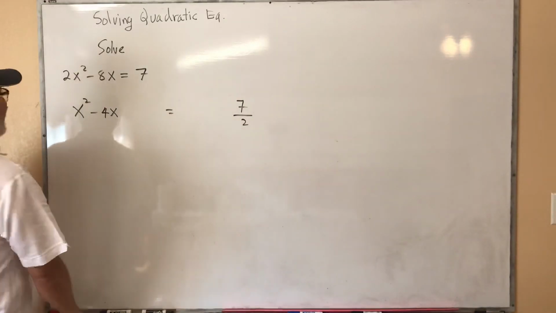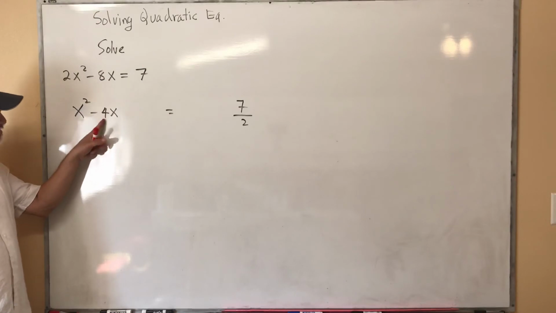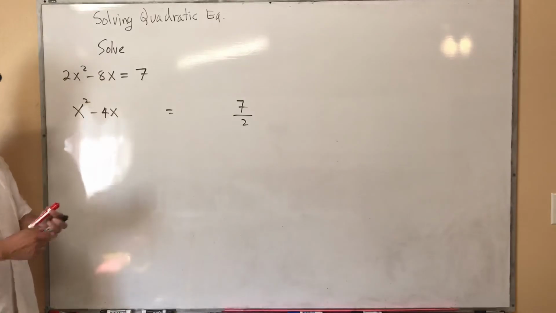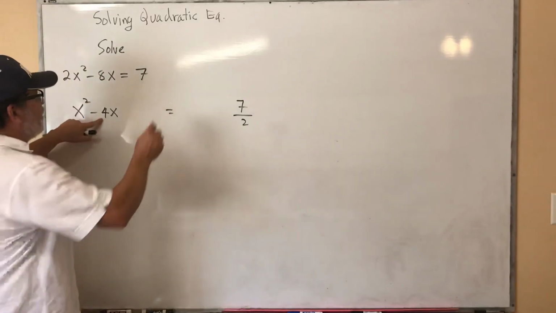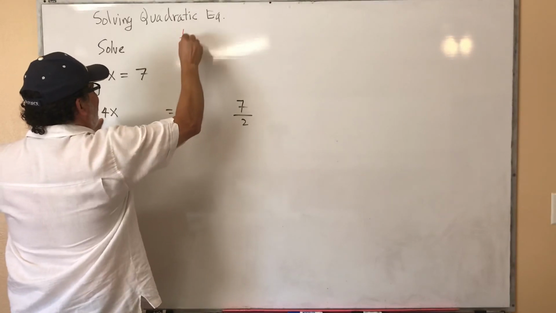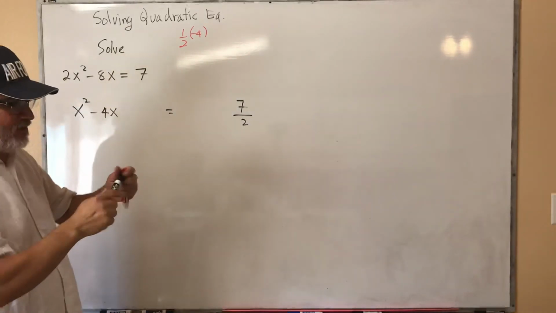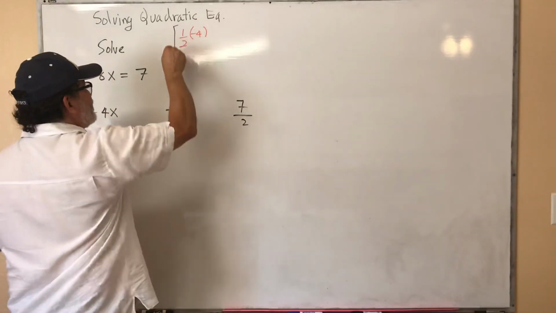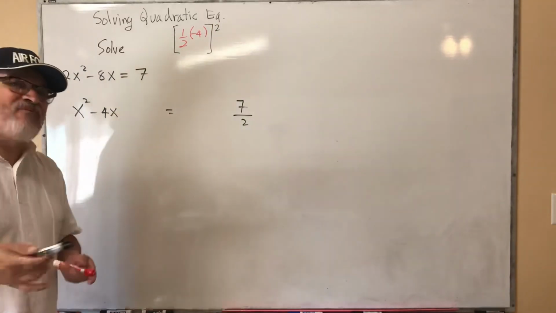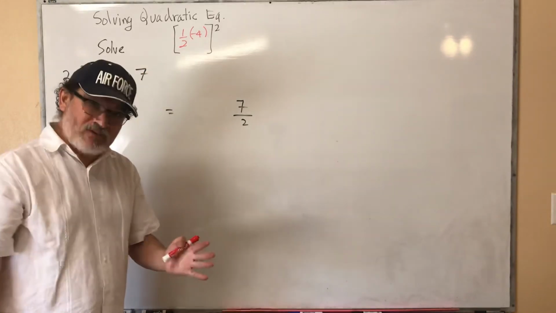Okay, I'm going to complete the square now. So take half of this in a different color because you want to keep that highlighted, okay? So half of -4, quantity squared. What's half of -4? Half of -4 is -2.